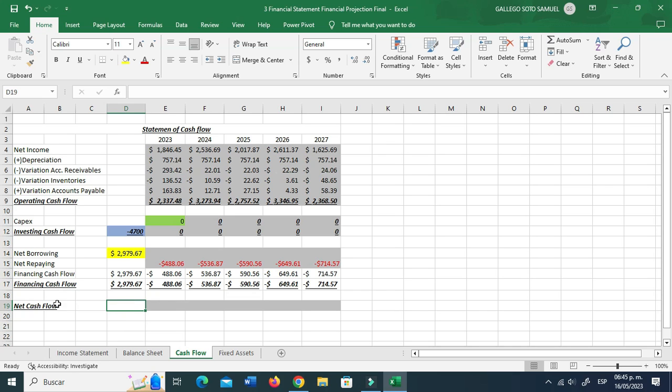So for the equity, stockholders' equity. That's the net value here, from the balance sheet.